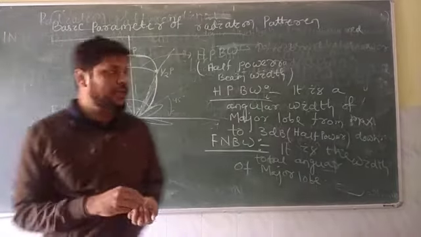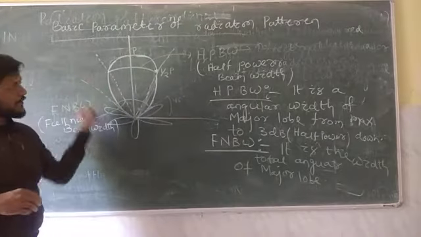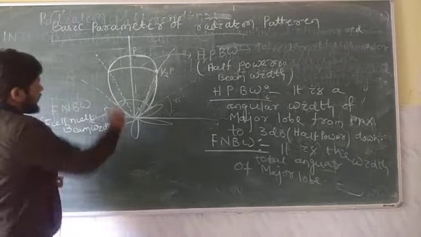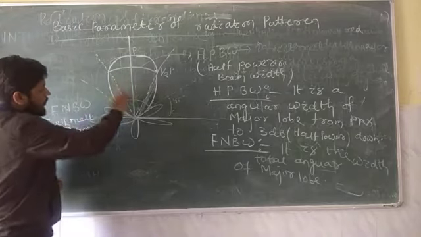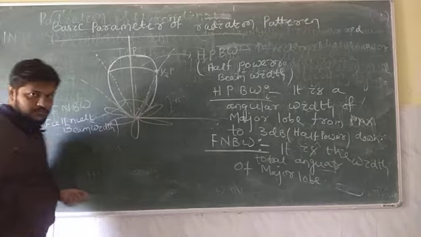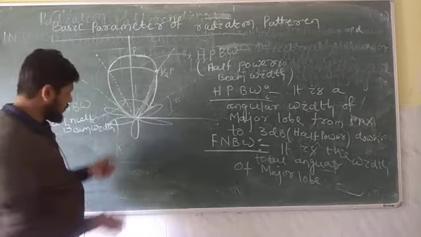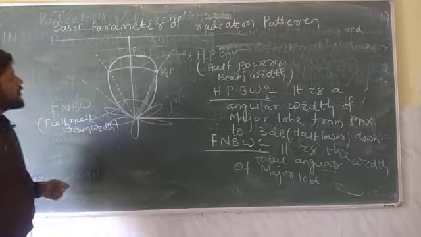Then we will study a few parameters of this radiation pattern. You can see here, I have already explained, this is your major lobe and this is your side lobe or minor lobes. This can be treated as a minor lobe.